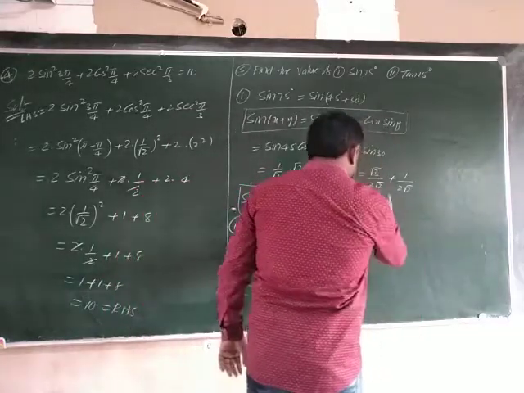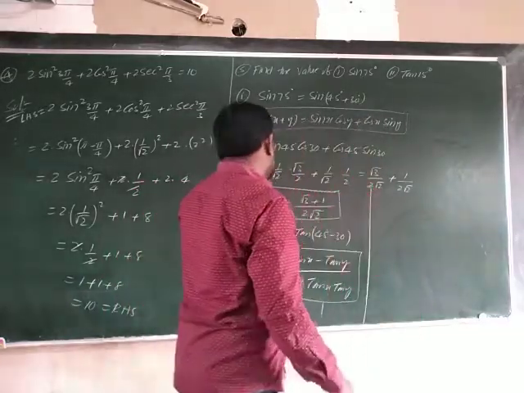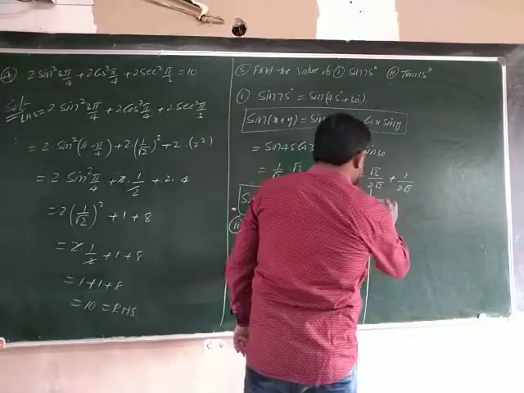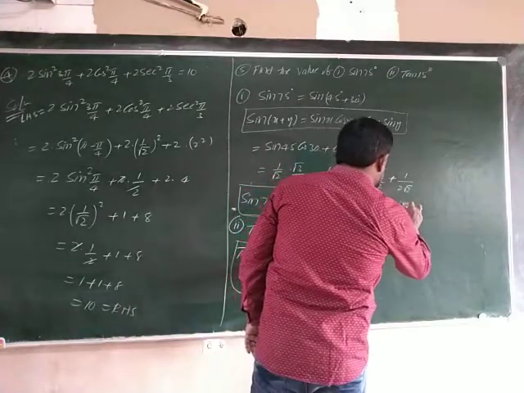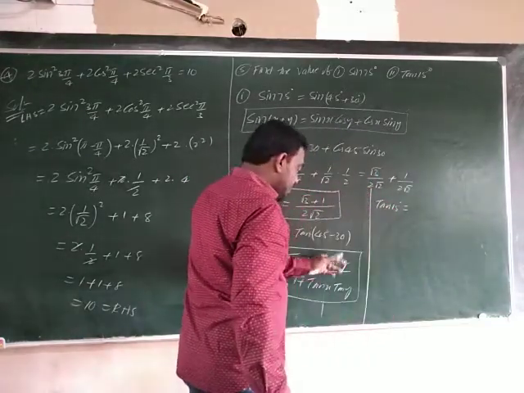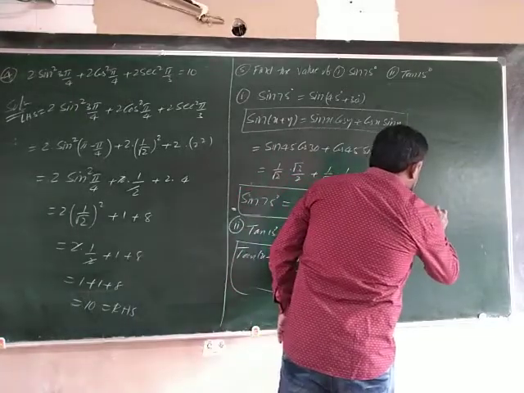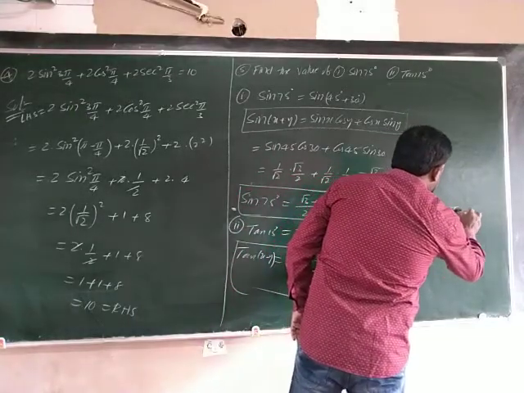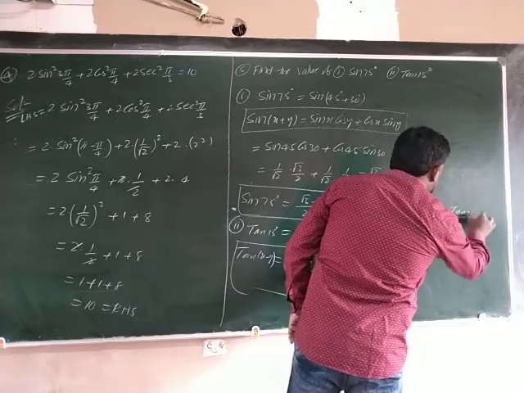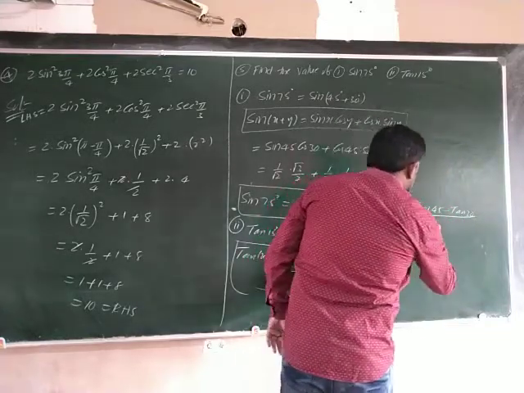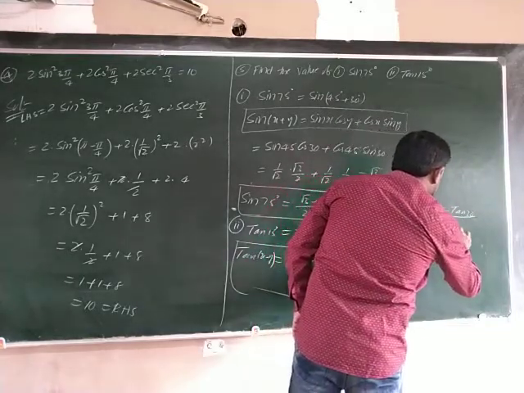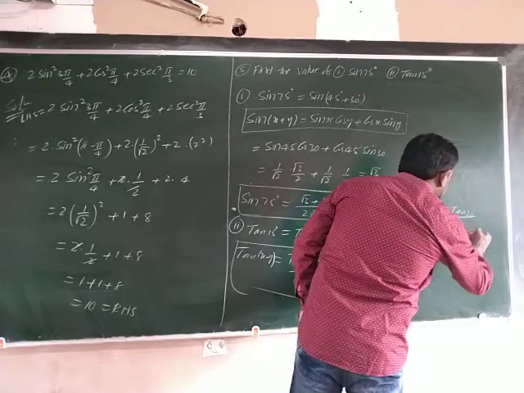Now solving here, you see, tan 15 degrees is equal to, x is 45, y is 30. You obtain tan 45 minus tan 30 by 1 plus tan 45 into tan 30.